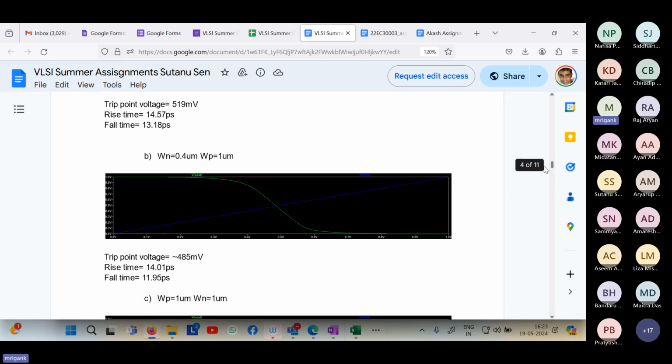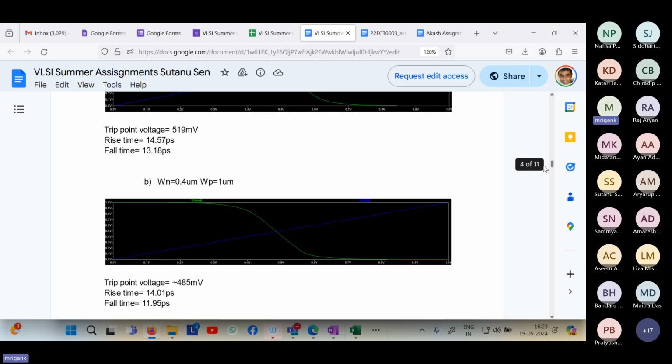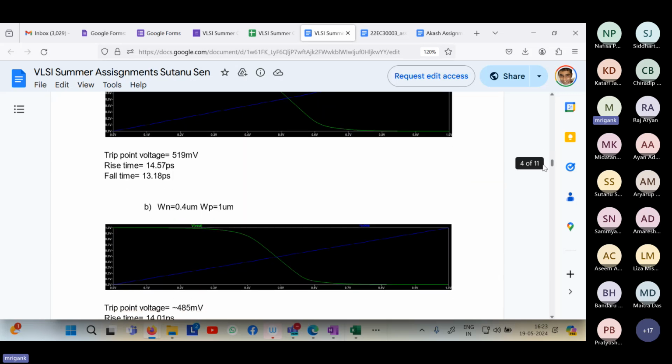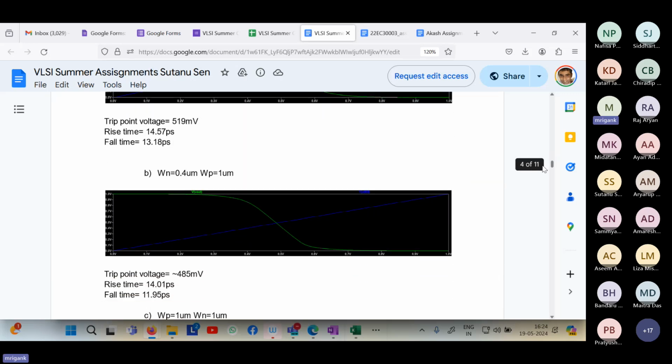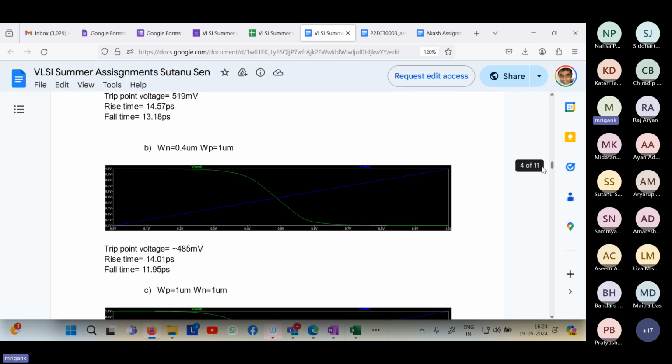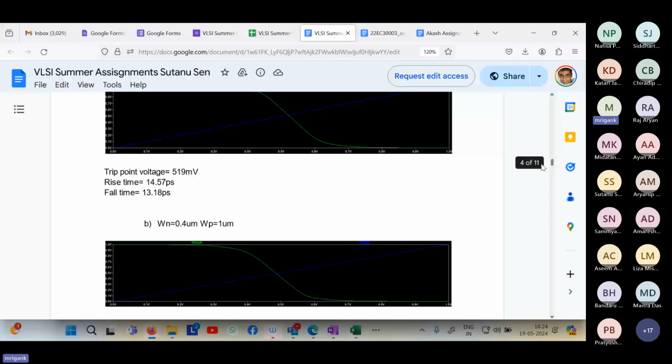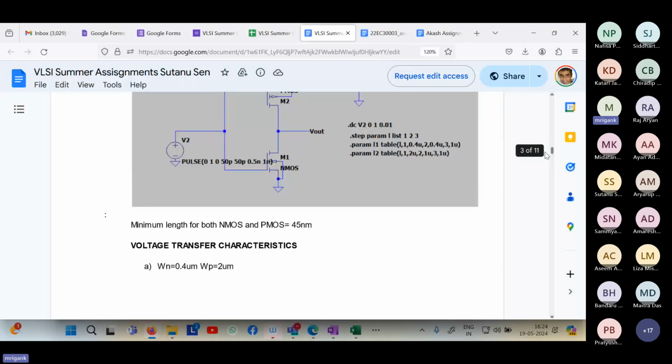But again, we don't see much degradation in the rise time, because as compared to the earlier case, W is 2 micro, here W is reduced to 1 micro, but we are not getting much change. In fact, the rise time has improved. So we are not seeing much degradation. And that may be because, again, the devices are faster. The input rise time fall time mentioned here is.